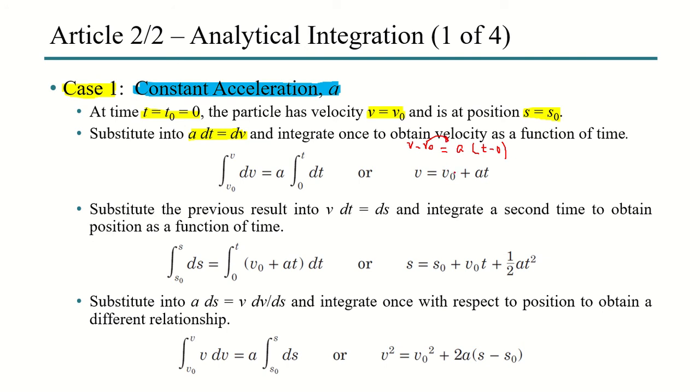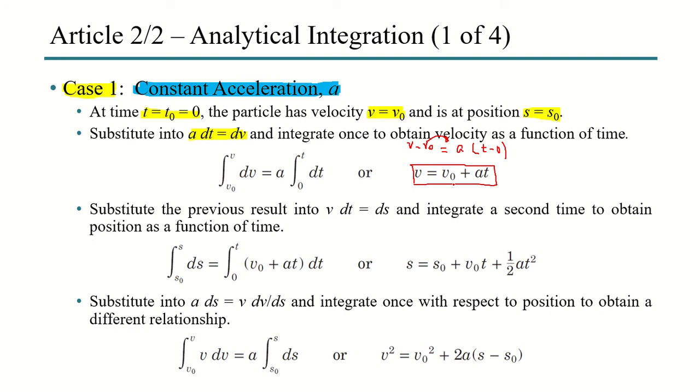Then a times t, so we have a times 0, so 0, so therefore we have this: v final velocity is equal to initial velocity plus the acceleration times time. Okay, so this is a very important formula that we need to understand and also make use of in our coming examples.